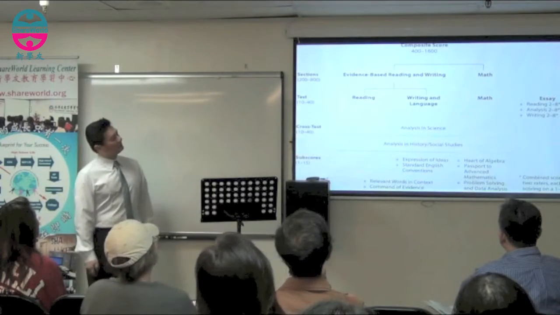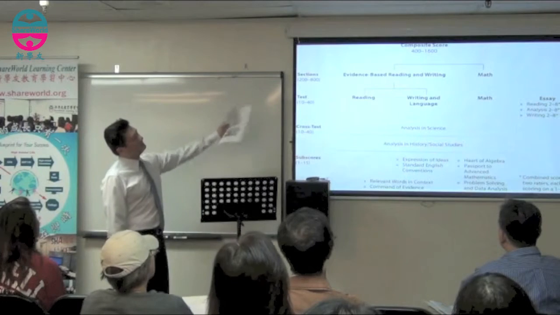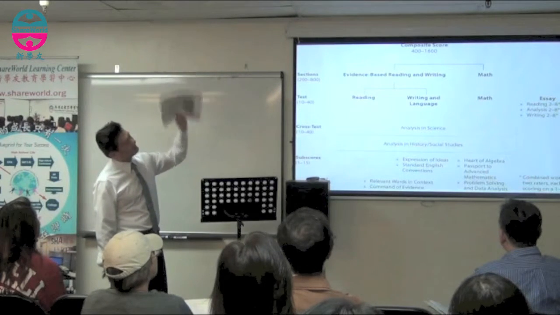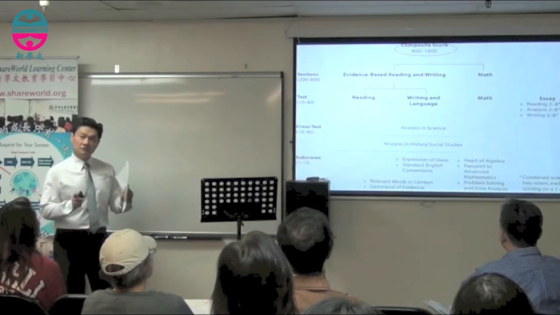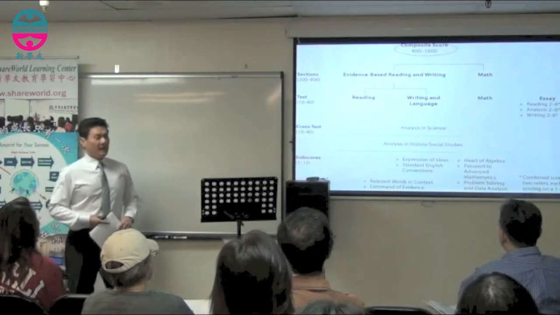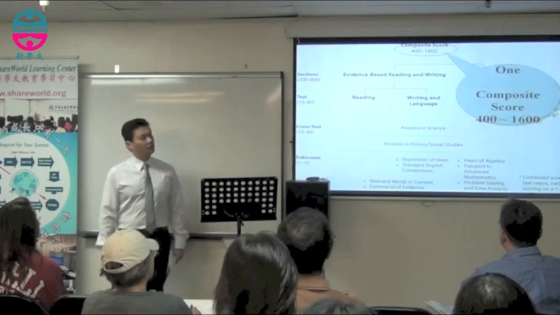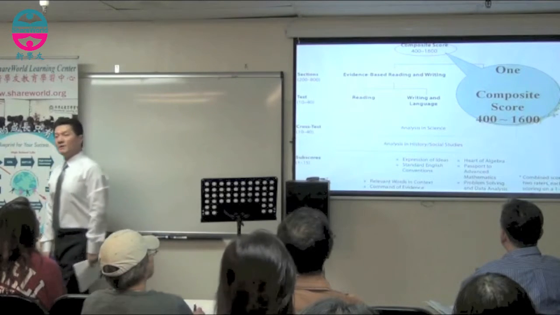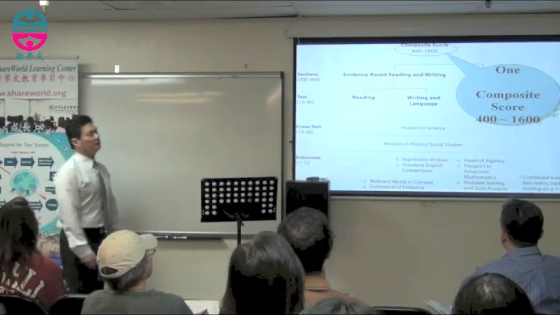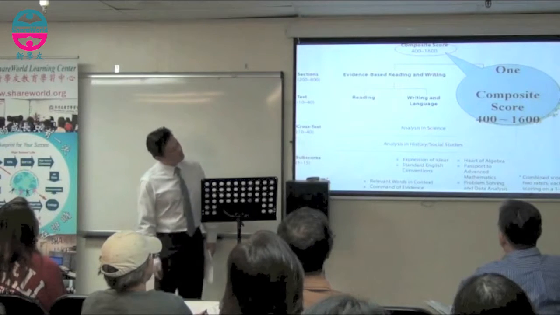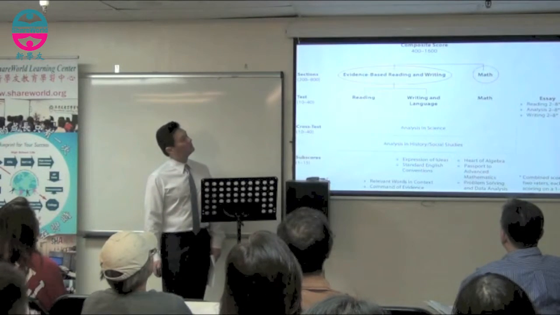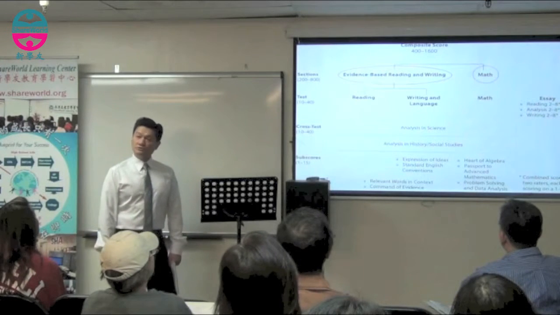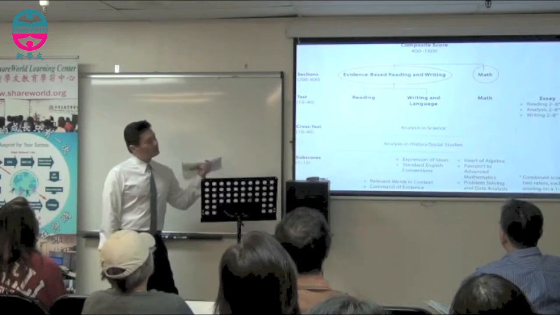All right, take a look at this chart. On the top, this is the composite score. The composite score basically gives you the total score as usual. In the past, we had 2,400 as the total score, but right now you only have 1,600. This is a big change. Among the 1,600, they separate it into two sections: one is English, one is math.